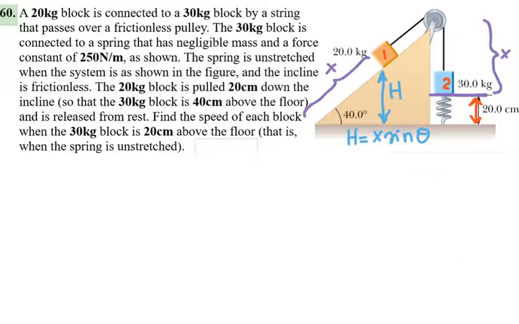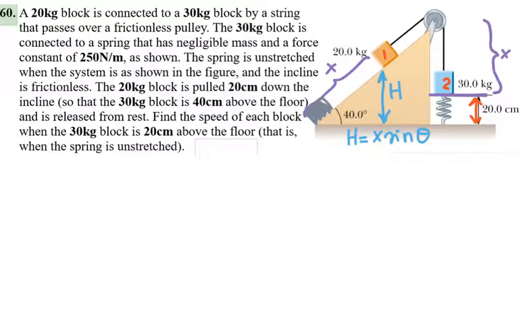Now I'm going to write the energies I have before. If I take block M1 and stretch it over here, what energies do I have at this moment? Block 1 is not moving and it's not off the ground, so its potential energy is 0. Block 2 does have energy.